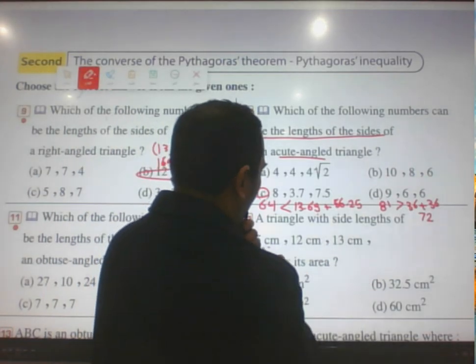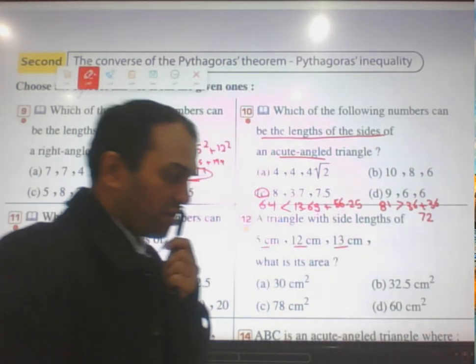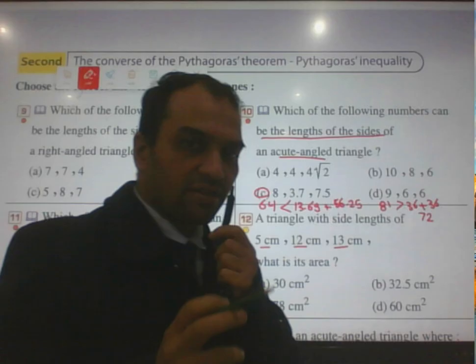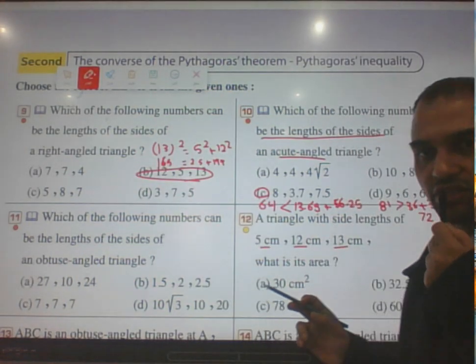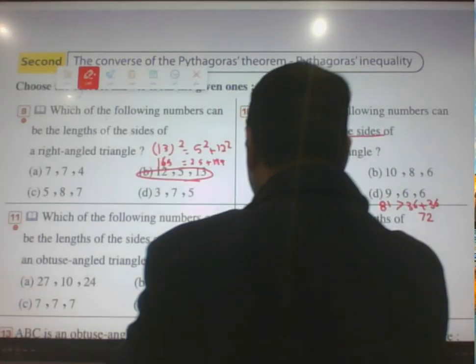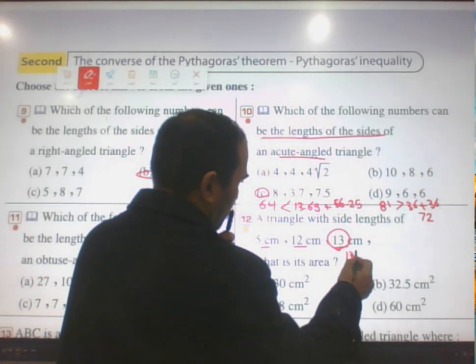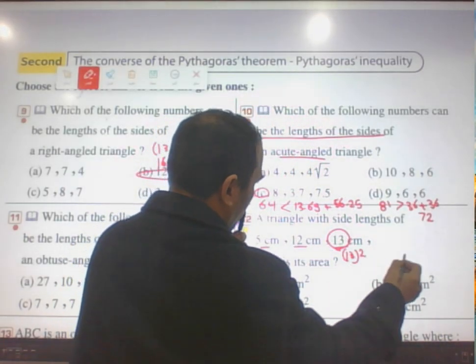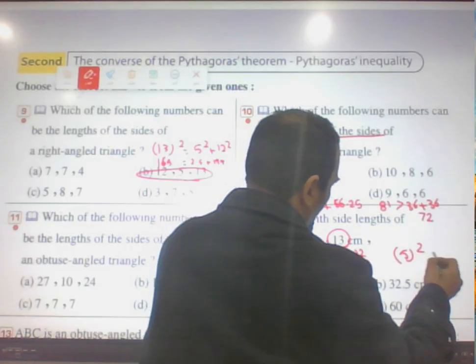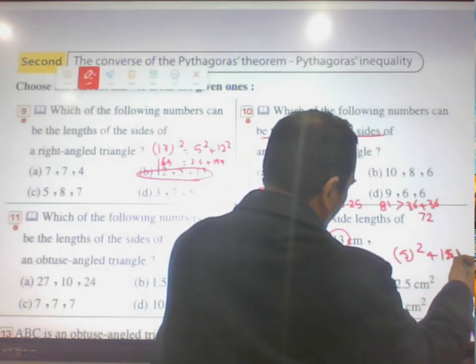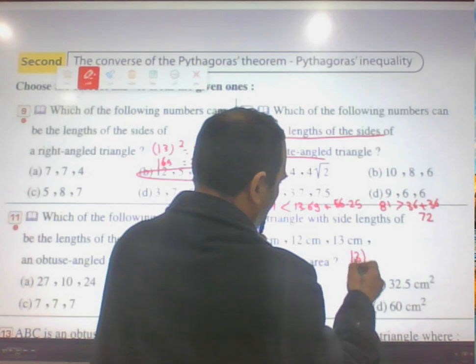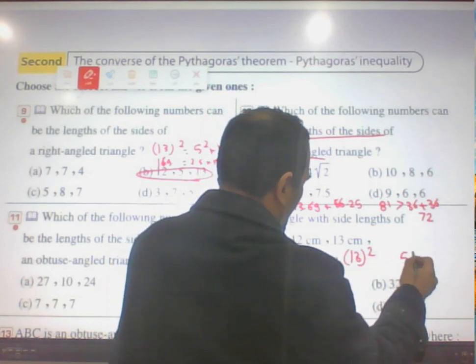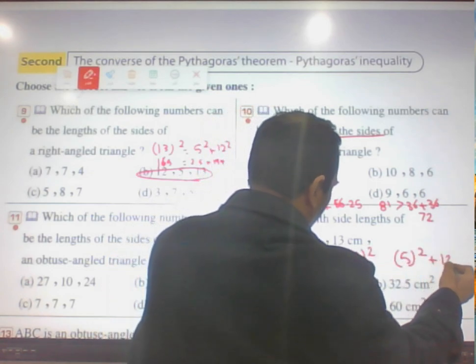Triangle with side lengths 5, 12, 13. What's the area? We can find the area by finding the type of triangle first. We must know the type of triangle. How? We can compare 13 squared with 5 squared plus 12 squared.